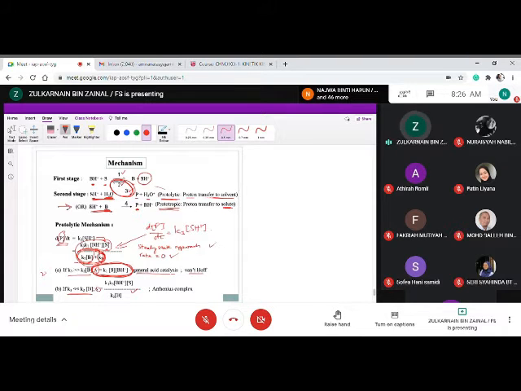If you refer to this reaction step, you can see that BH plus plus S, then the B is actually the solute added into the solution.